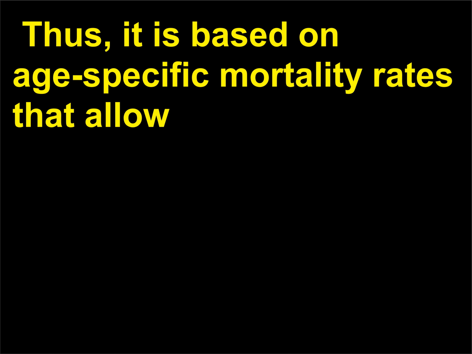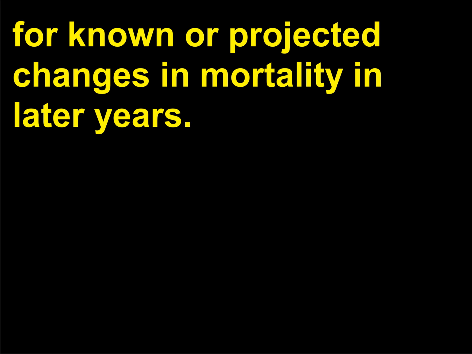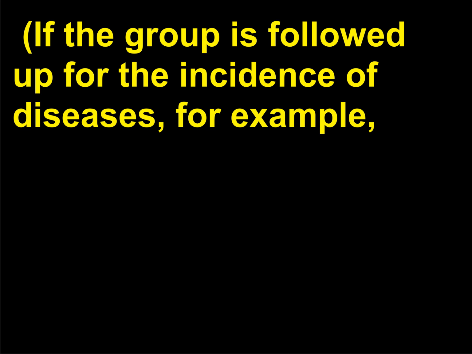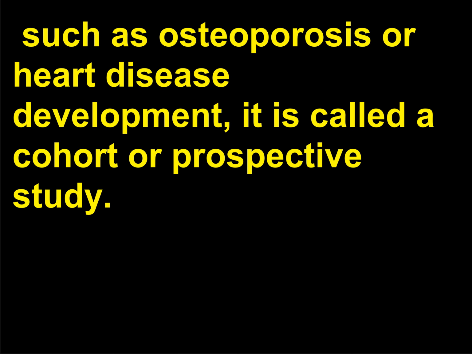Thus, it is based on age-specific mortality rates that allow for known or projected changes in mortality in later years. If the group is followed up for the incidence of diseases, for example, such as osteoporosis or heart disease development, it is called a cohort or prospective study.